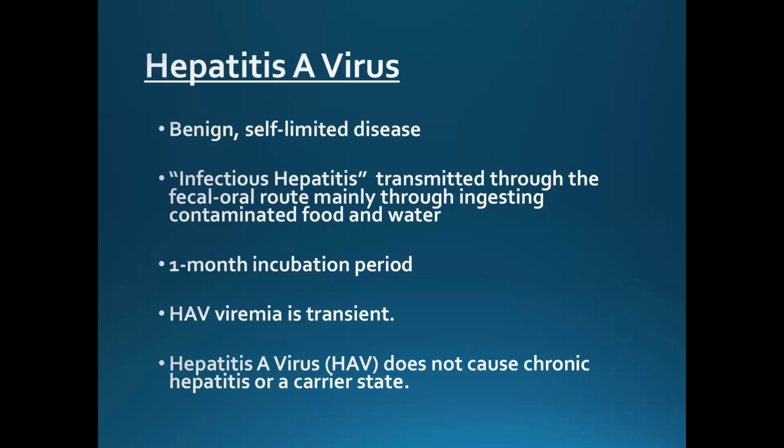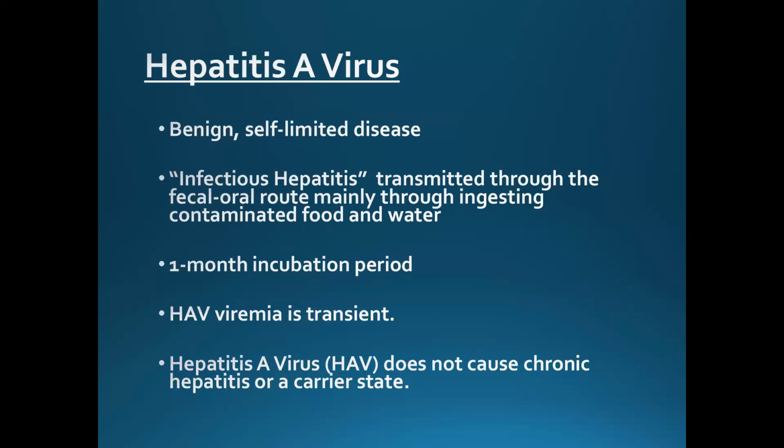Okay, so starting with hepatitis A virus. This is a benign self-limited disease. It is actually one of the diseases that is known to be related to the fecal-oral route, usually as a result of the ingestion of contaminated food or water. It follows an incubation period. Now, there are caveats for this disease that are important and that have a clinical significance.